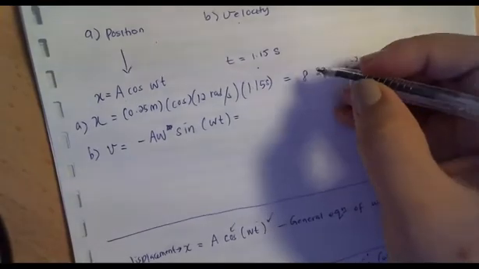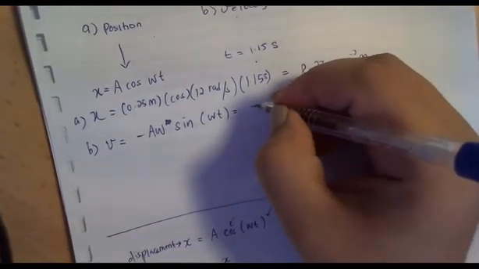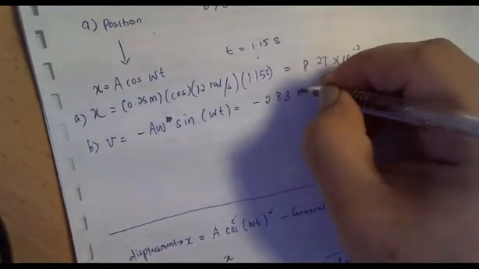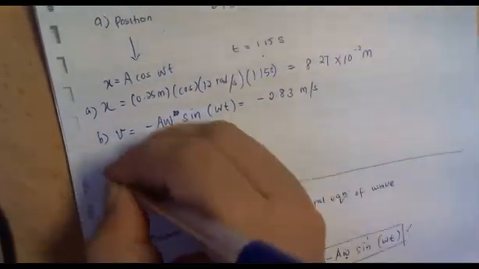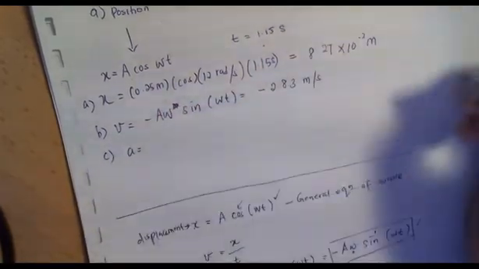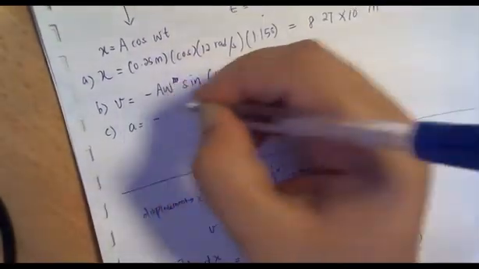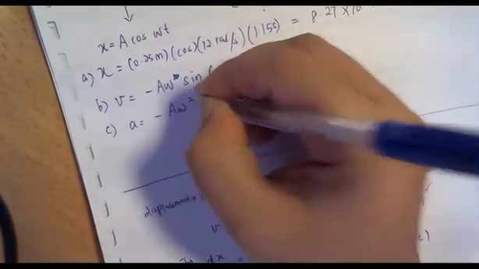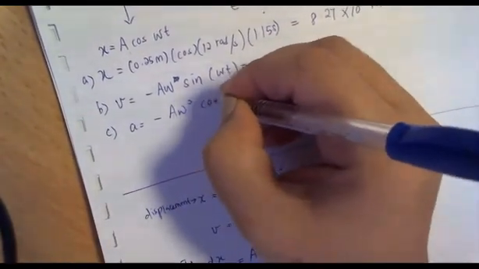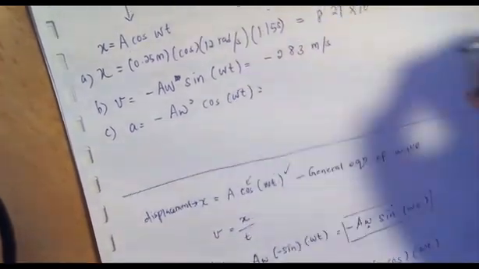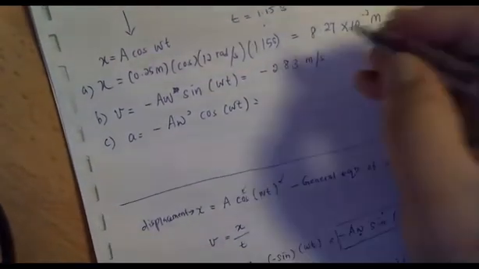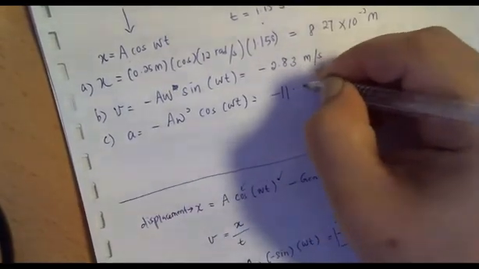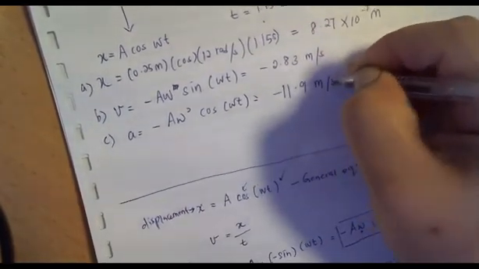You will finally get the velocity equal to negative 2.83 meter per second. Last but not least is the acceleration, where, when you differentiate the equation of velocity, you get negative A omega square cos omega t. Substitute once again all the information given to you, and you will get the answer for the acceleration.